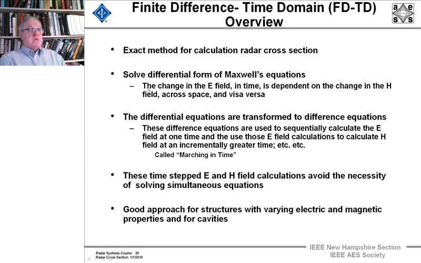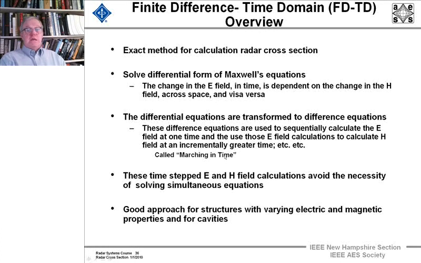And we note that this is going to base its underpinnings on a change in the electric field in time being dependent on a change in the H field across space, and vice versa. A change in the H field in time is dependent on a change in the E field. The differential equations for Maxwell's equations are transformed into difference equations.